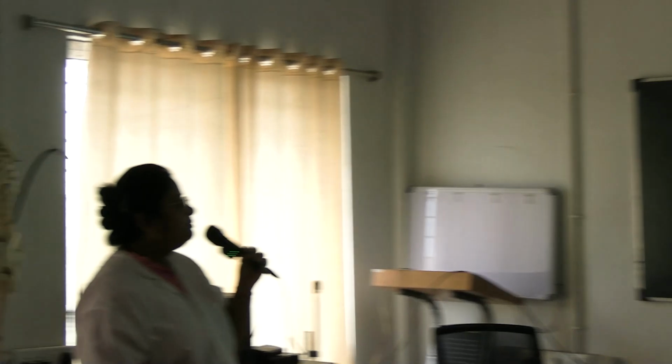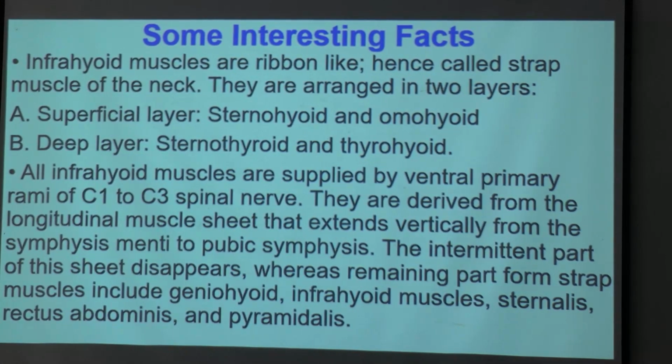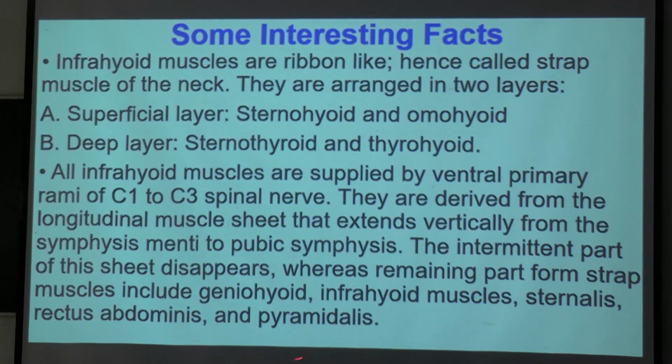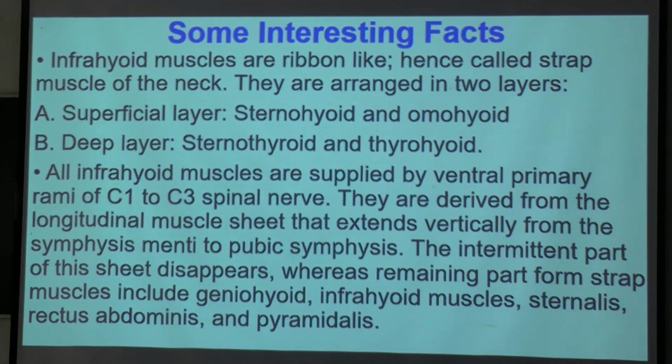The intermediate part of this sheet disappears, whereas the remaining parts form strap muscles, including geniohyoid near the hyoid region, infrahyoid strap muscles, sternalis, muscle of the thorax, and rectus abdominis and pyramidalis, muscles of the abdomen. All are lying near the midline.